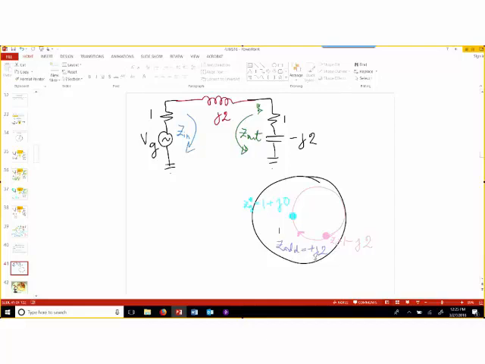First, there's a couple of questions. The first question is, what is this Z equal to plus j2? What kind of element is that? It's an inductor, because plus j2 means plus j omega L. So that's an inductor. And why is it in series? It is in series with this because we're adding two impedances.